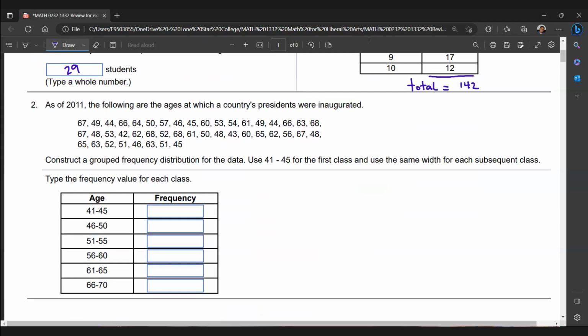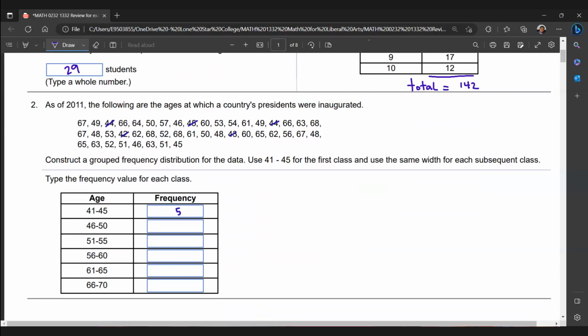This is going to take a little bit of time, but let's do a few. Here's 1, 2, 3, 4, 5. I counted 5.